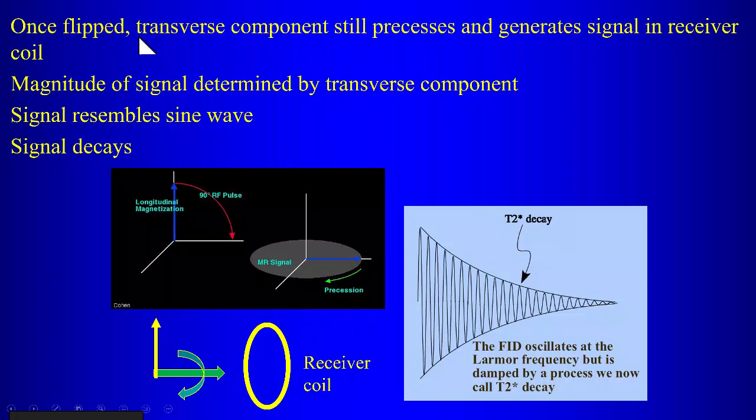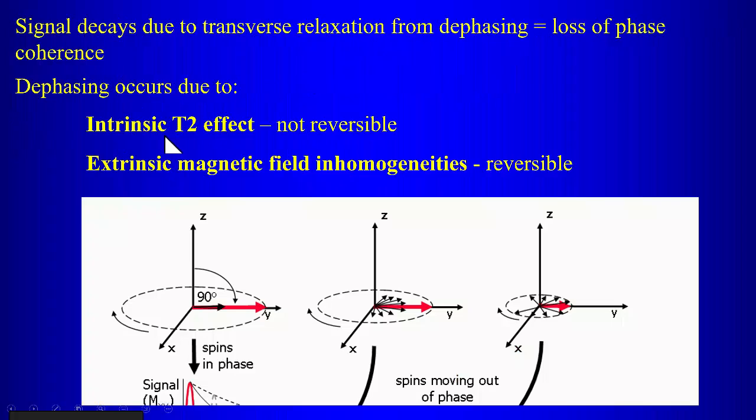Now, the other thing that happens is that once you flip this into the transverse plane, it precesses and generates signal in your receiver coil. The magnitude of the signal is determined by the transverse component. The signal resembles a sine wave, right? But it decays, so we've talked about all that. Now, what is the main thing that causes that signal to decay?